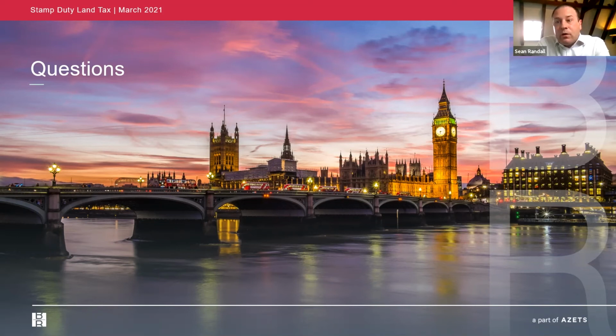It bites, it's all or nothing if a single buyer, in a situation where there's more than one buyer, satisfies or fails to satisfy the residence test. So in a collective enfranchisement transaction, if one of the participating flat owners is non-resident, well then that means the whole transaction is a non-resident transaction. There's no de minimis, there's no apportionment rule, there's no exception for this type of transaction.